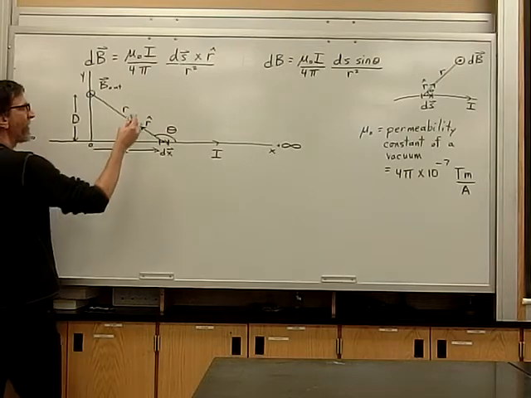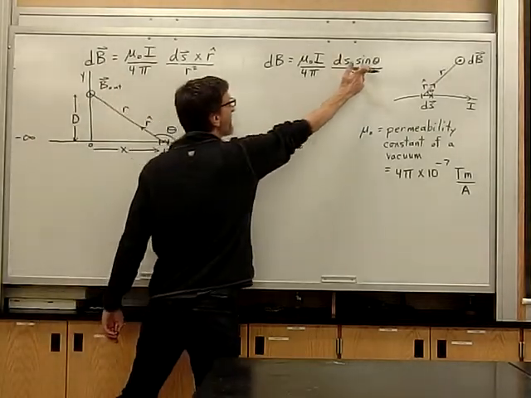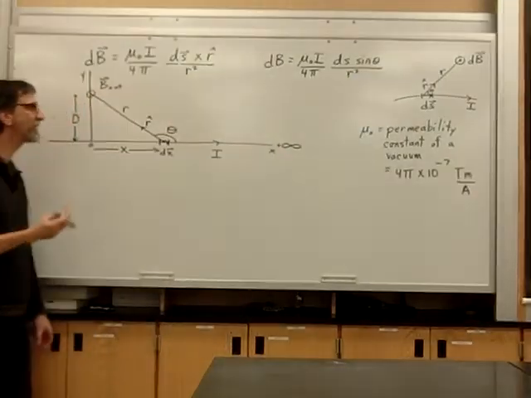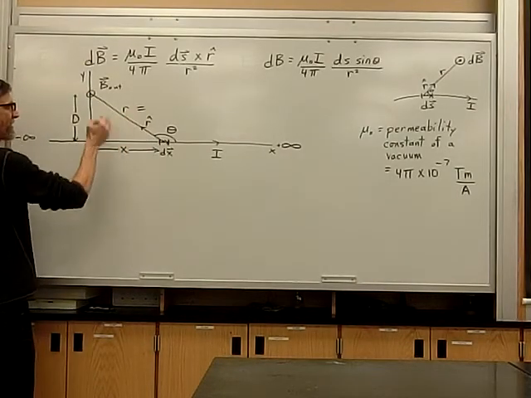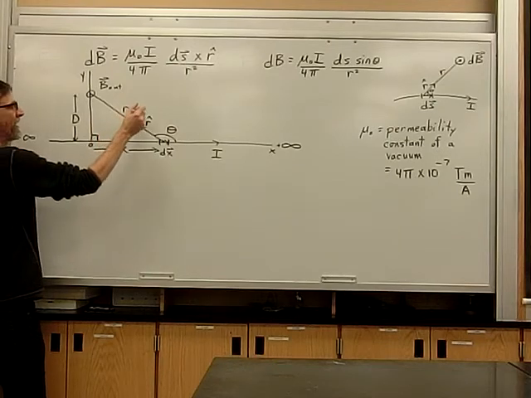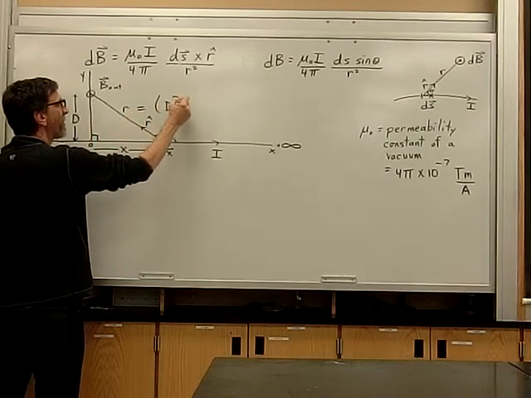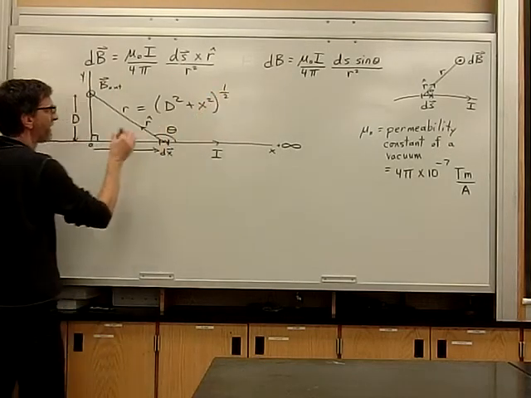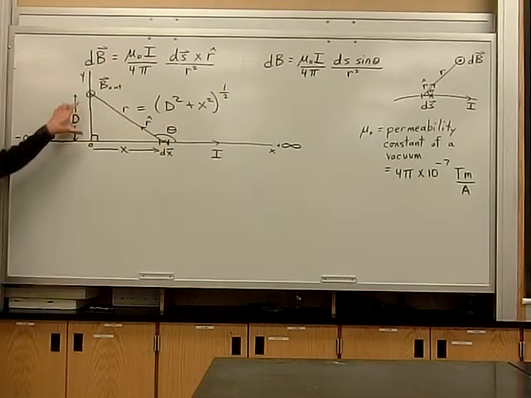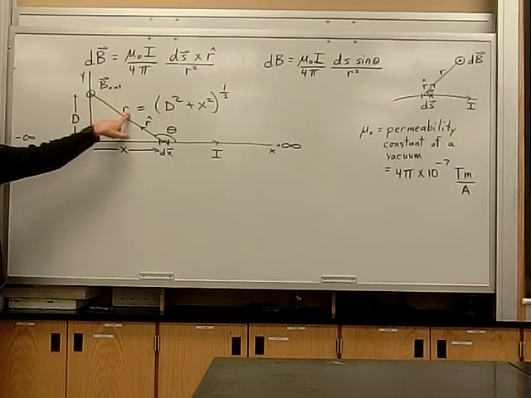Notice our equation has a sine theta and an r squared in it, so we need to substitute for these quantities. You should see that r, because we have a right triangle here, is d squared plus x squared to the 1/2 power. From Pythagorean's theorem, d squared plus x squared equals r squared.